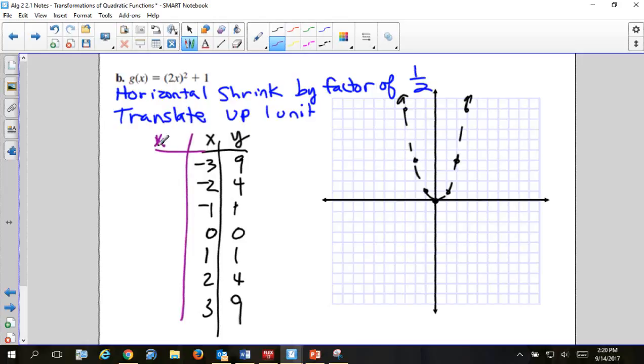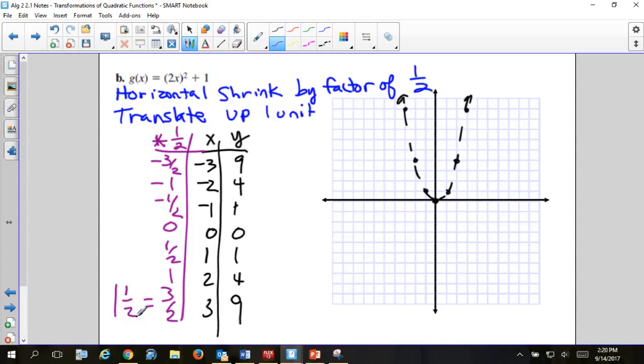We will multiply our x's by a half. It says 2 in the equation because horizontal is always opposite. So you multiply by half, we get -3/2, -1, -1/2, 0, 1/2, 1, 3/2. By the way, 3/2 is 1 and 1/2 if you're graphing now.